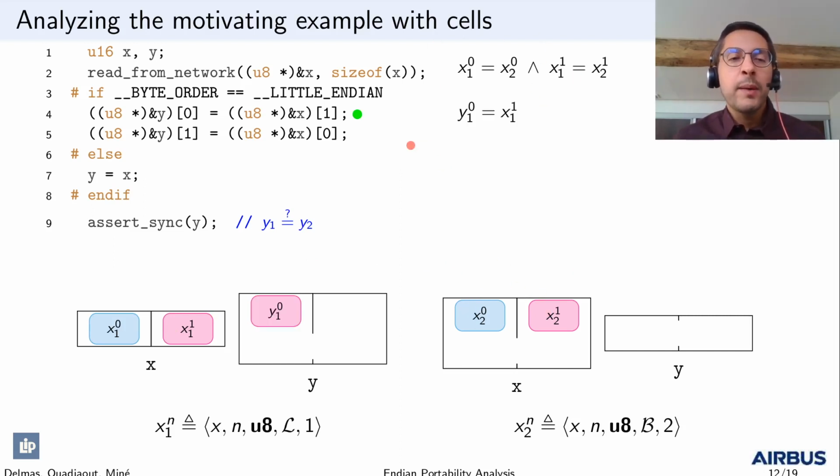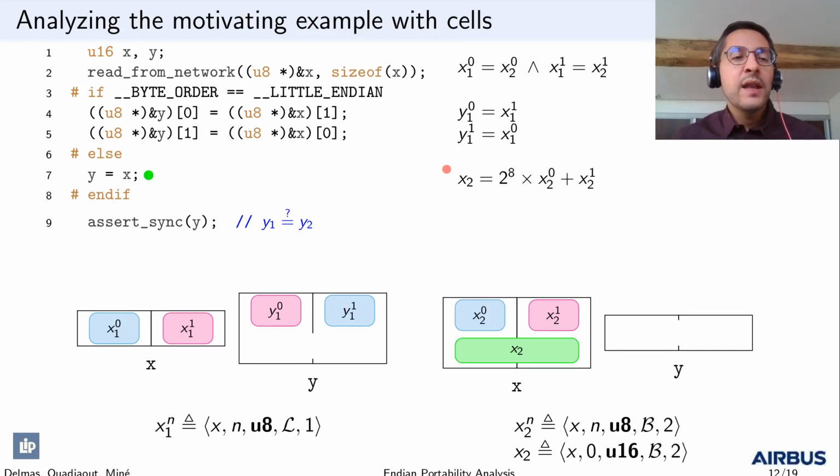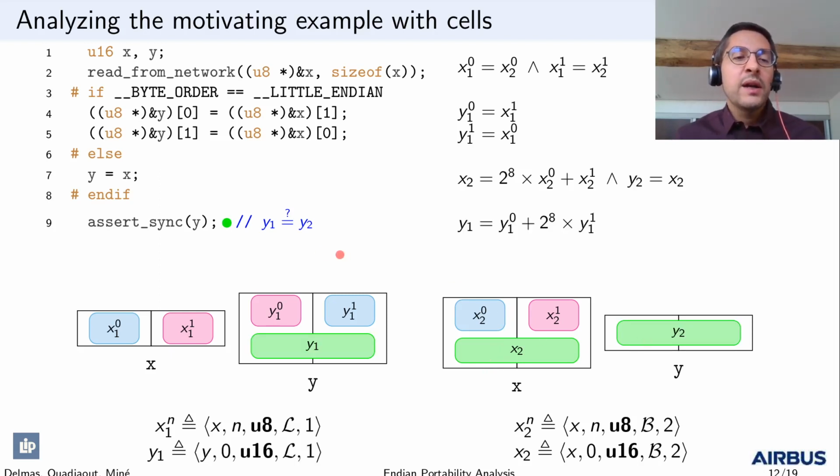Then we byte swap X into Y in the big endian memory, which synthesizes these cells. Then we read X in the big endian memory, which synthesizes these cells with a value based on the values of overlapping cells. Then we assign X to Y, which synthesizes this cell, and then we read Y, which synthesizes this cell, as we already have this one.